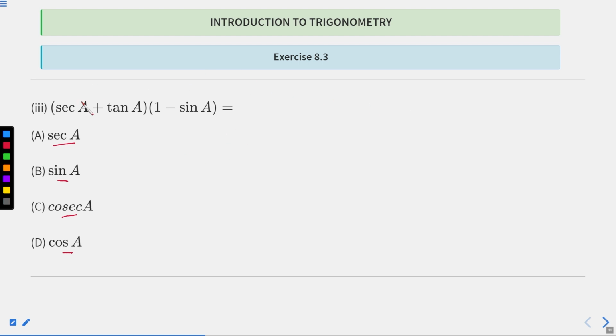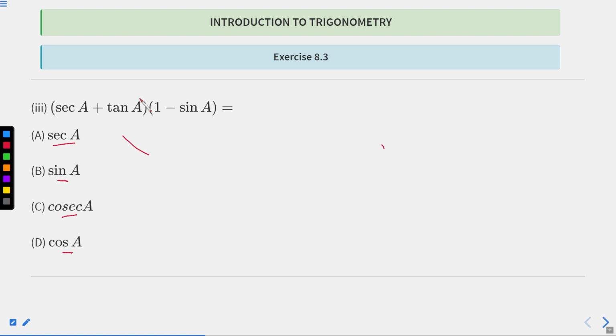For this expression we used sec a = 1/cos a and tan a = sin a/cos a. After simplifying we get (1 − sin²a)/cos a, and from the identity sin²a + cos²a = 1 we write 1 − sin²a = cos²a, and at the end cos²a divided by cos a is equal to cos a.